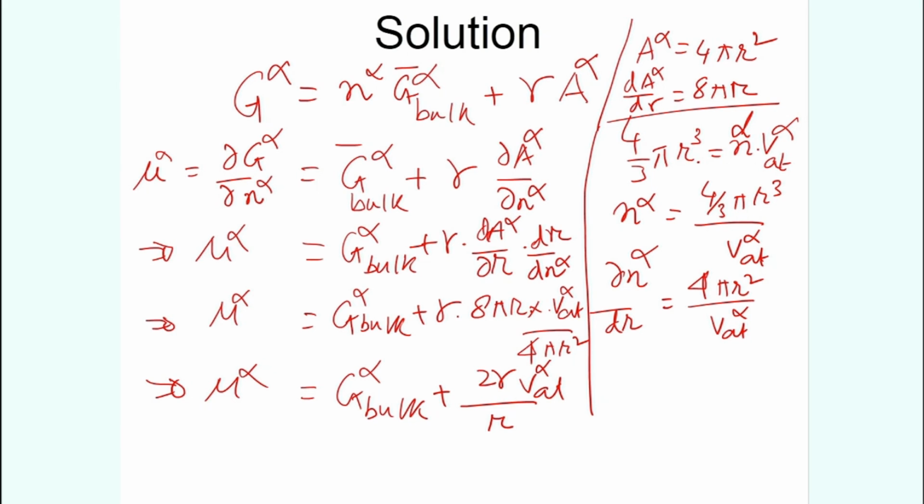So now I can write down mu alpha, this is the atomic volume of alpha, right? That's what you should know.